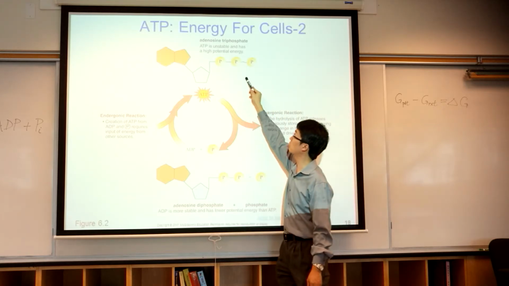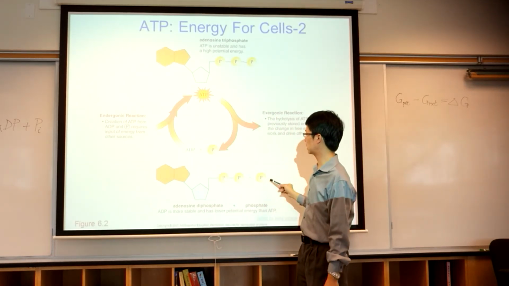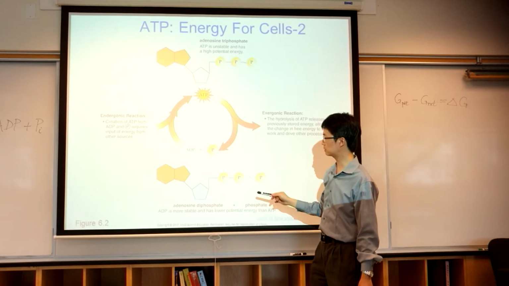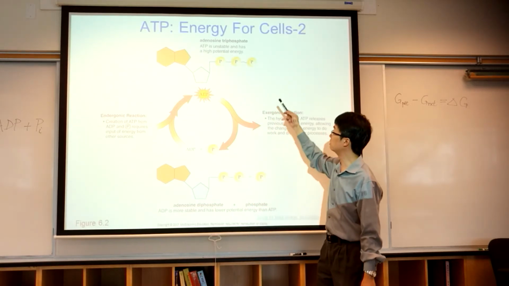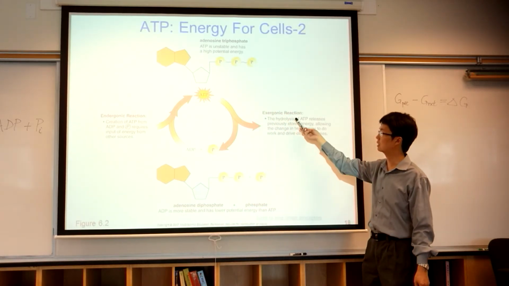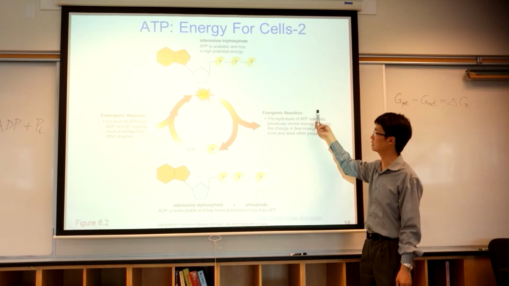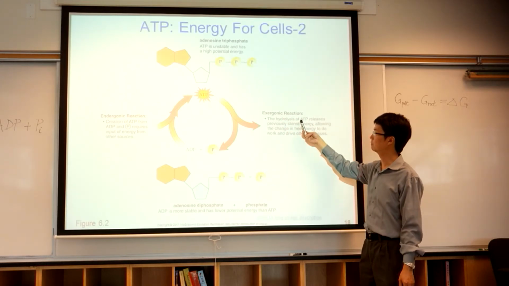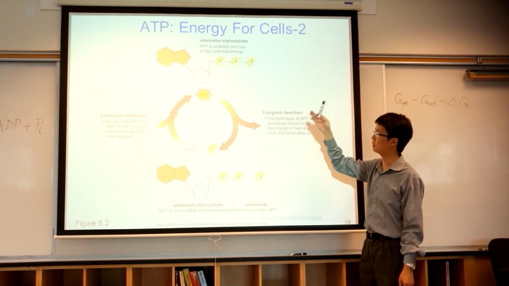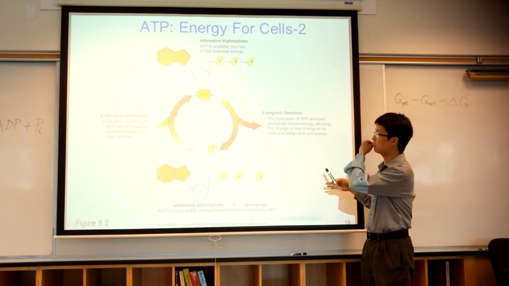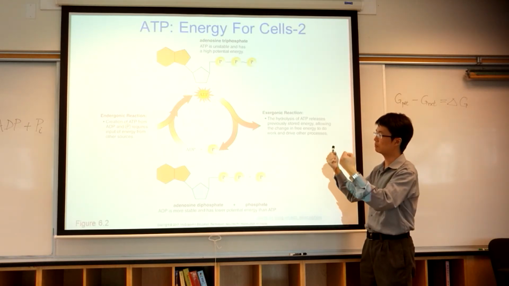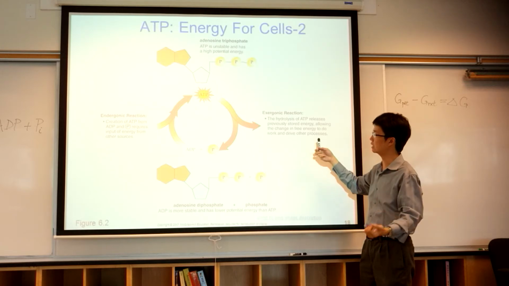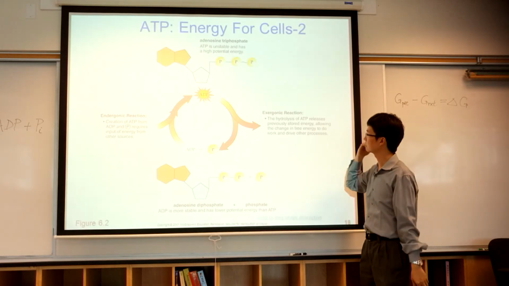When it loses 1 phosphate group, it becomes the inorganic phosphate, then it becomes the ADP. Losing of the phosphate group is an example of exergonic reaction, meaning that it breaks down the bond. We break the covalent bond, releases energy. That's why it feels hot.